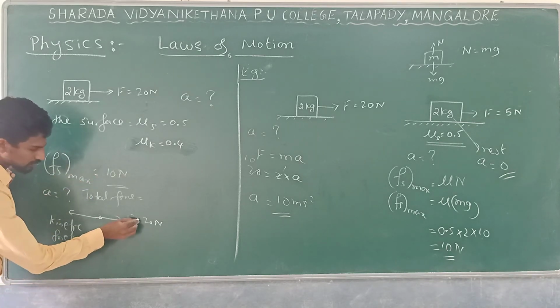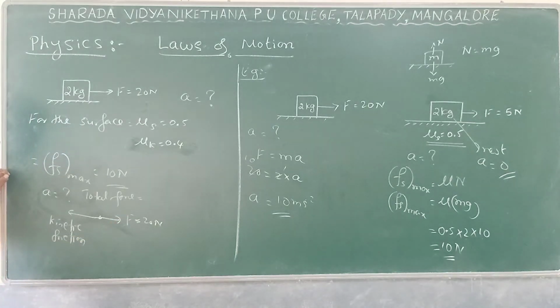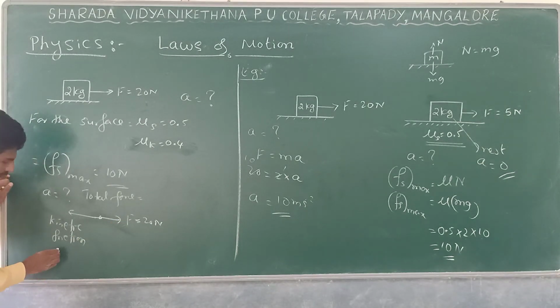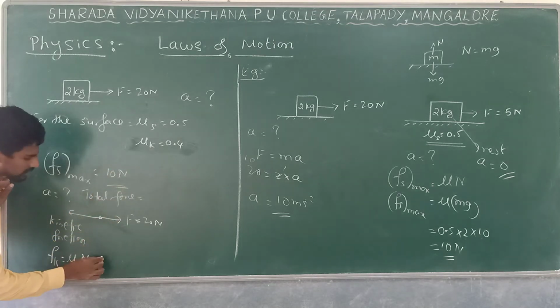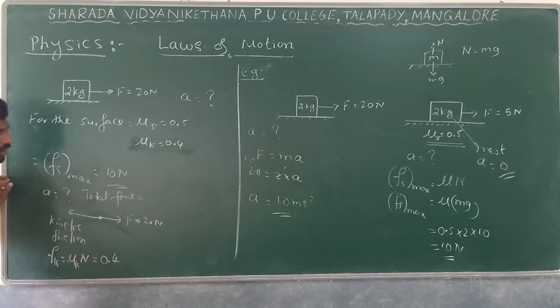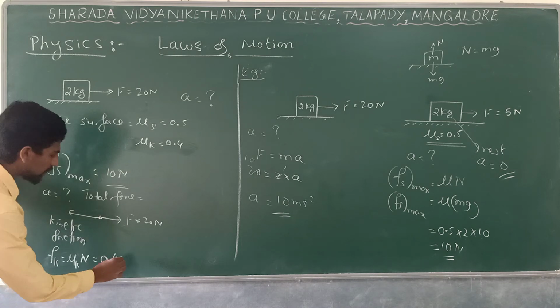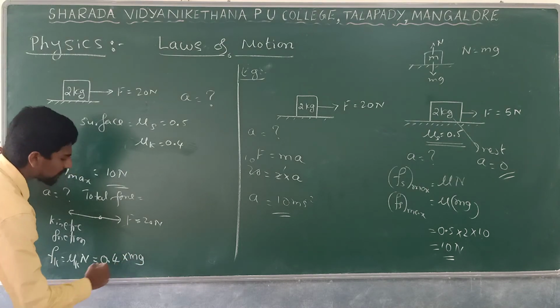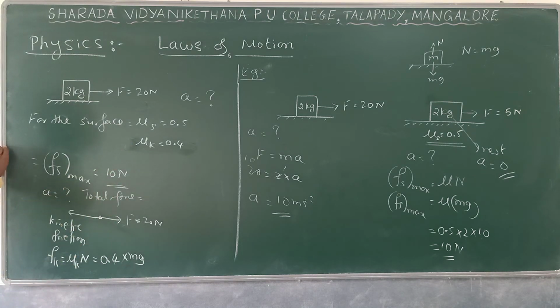So here the applied force is 20 Newton. What is the kinetic friction? You know the equation. Fk is equal to mu k into N. Mu k is given as 0.4. N is how much? We already discussed it is mg.